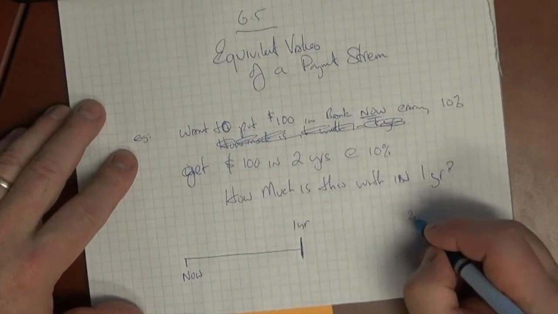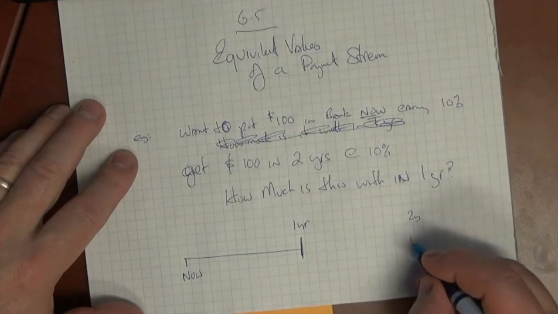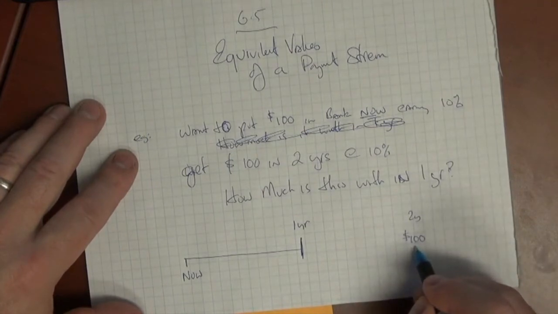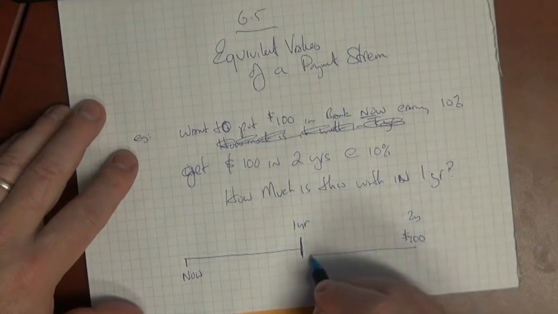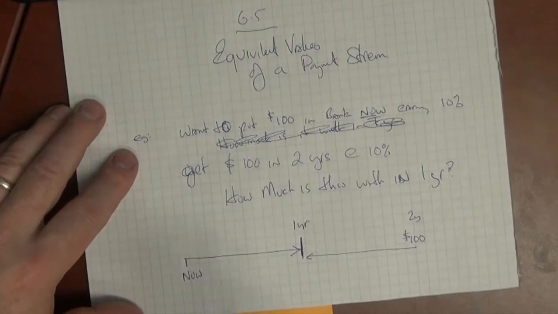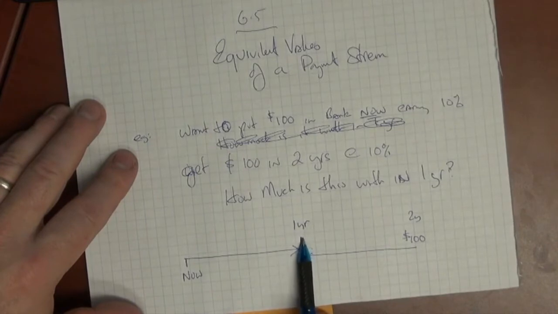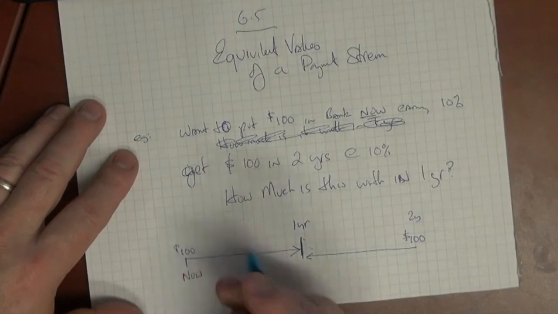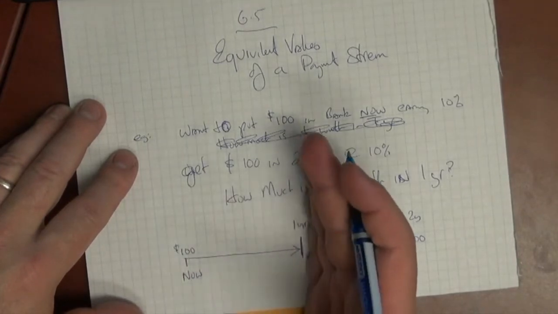And in the 2 year mark, someone's going to give you $100. And you want to know what's that worth in 1 year. Backwards. In other words, you want to be able to take the whole lot out at the end of the first year. So in this particular instance, we've got this $100. We're putting it in now. It's going forward. That one's pretty easy to understand.